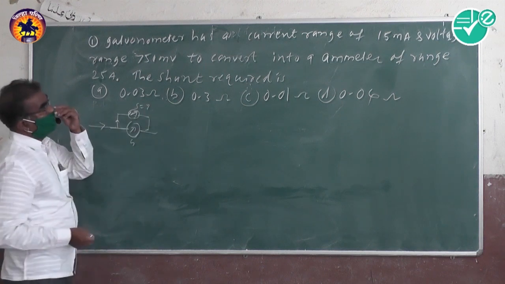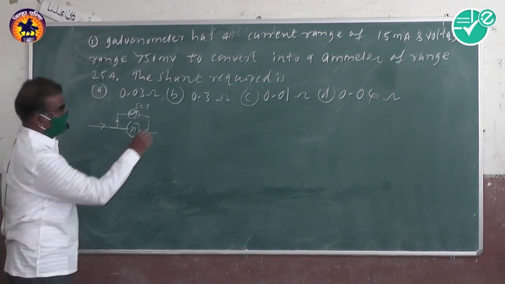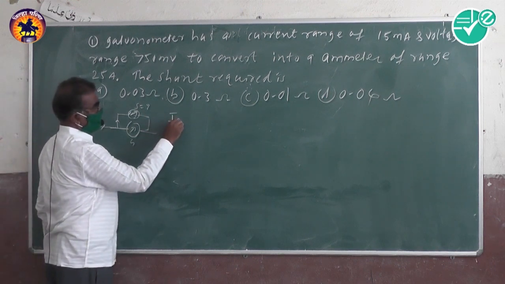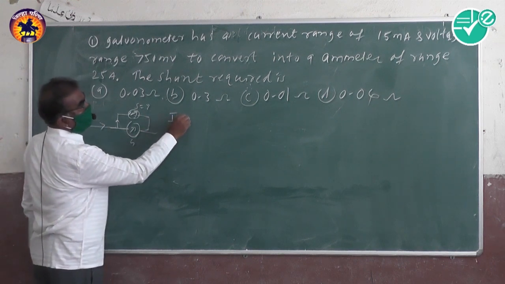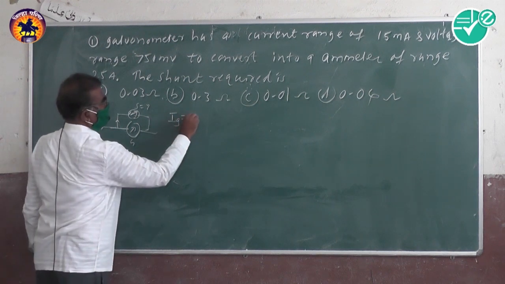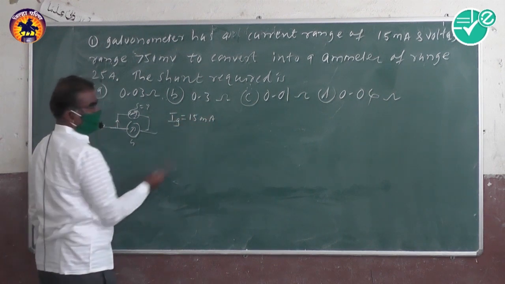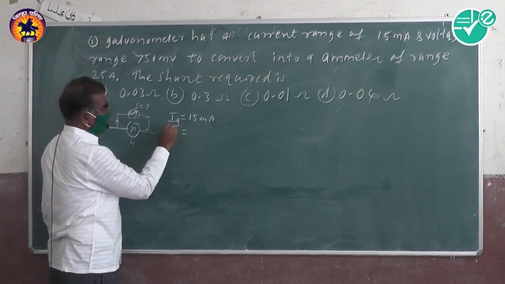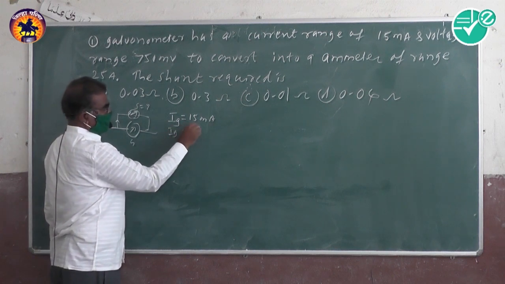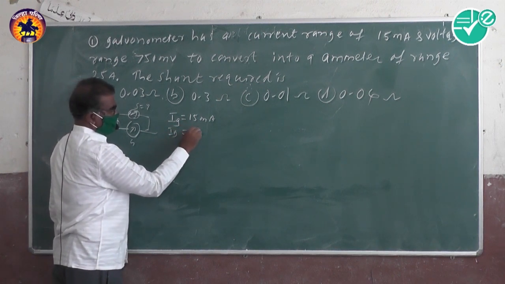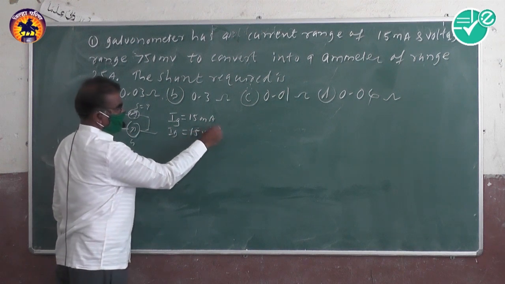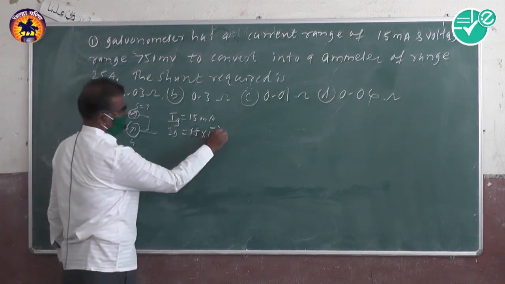What is given? Current range of the galvanometer is Ig equal to 15 milliampere, that is Ig is equal to 15 into 10⁻³ ampere.